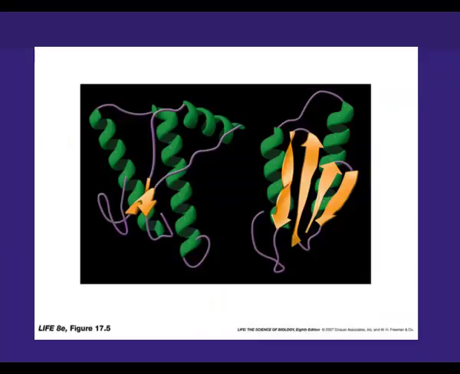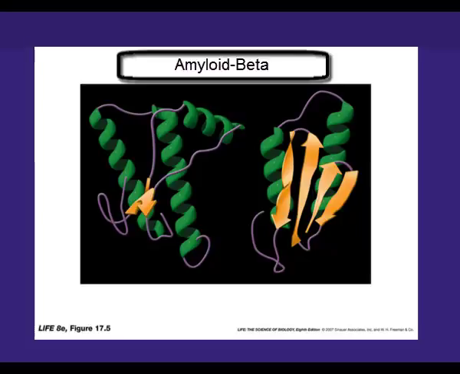The proper folding of a protein is vital for its function. In fact, errors in folding can actually lead to human disease. This slide shows an example of a protein called amyloid B. The left-hand side of your screen here is showing the normal folding of a protein.